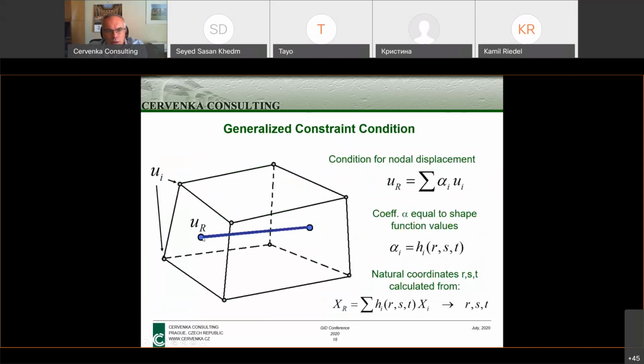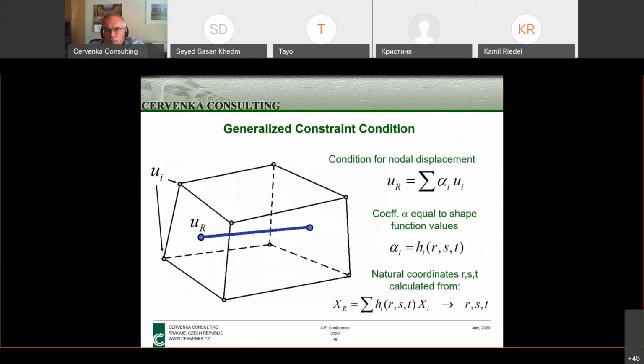We define a kinematic constraint, defining how this displacement is connected to the displacements of the surrounding 3D nodes. So we have this equation saying that the displacement UR is a linear combination of these UI displacements. And these alpha factors are calculated from the element shape functions. So this is how these two models are put together.